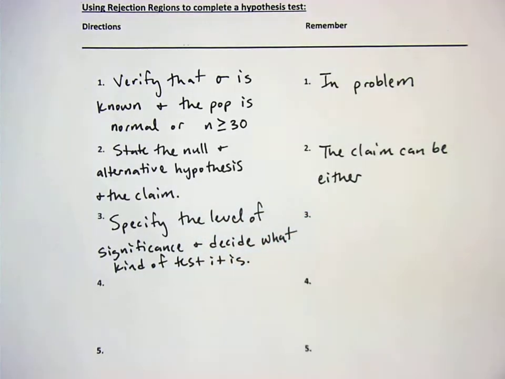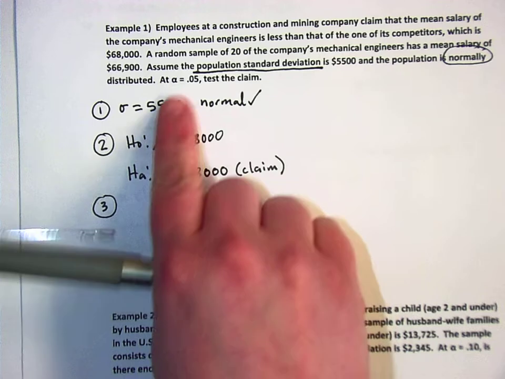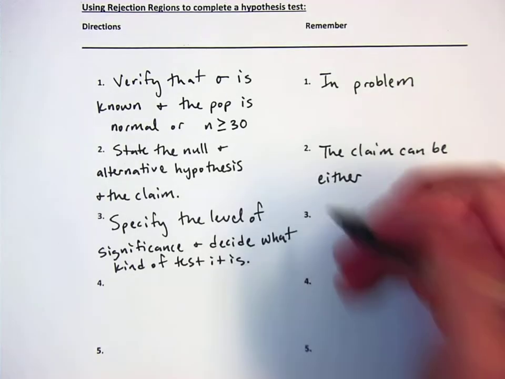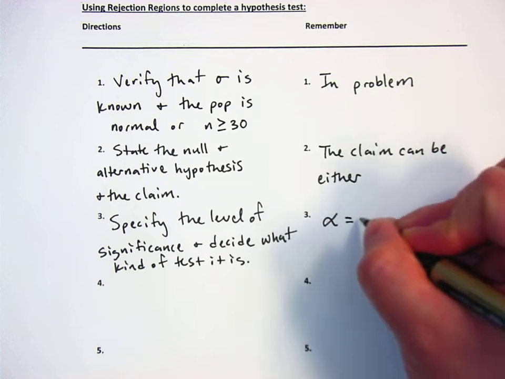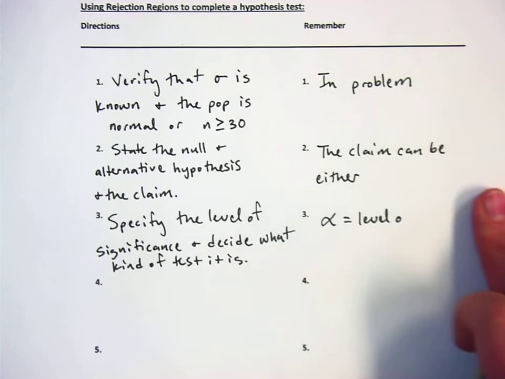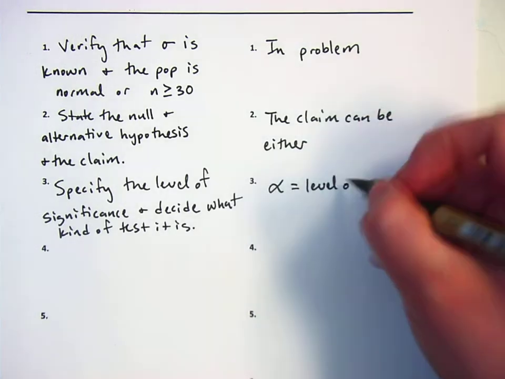The level of significance is denoted by alpha in the problem. It looks kind of like an A. So alpha is the level of significance, kind of like one of those Jesus fishes that are on cars.